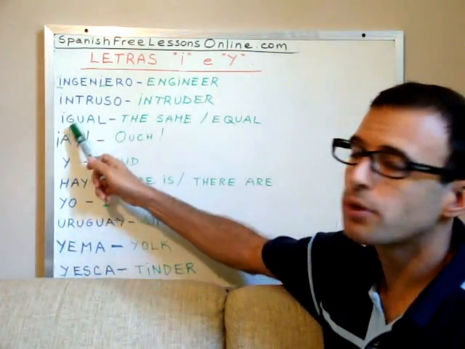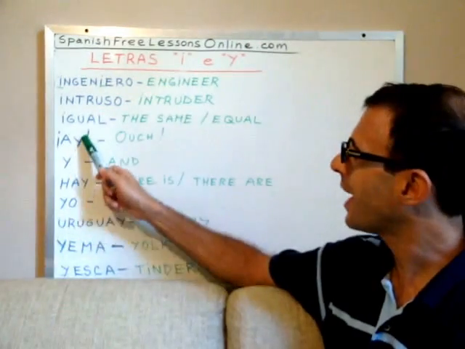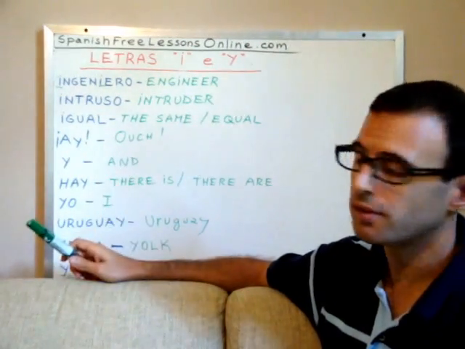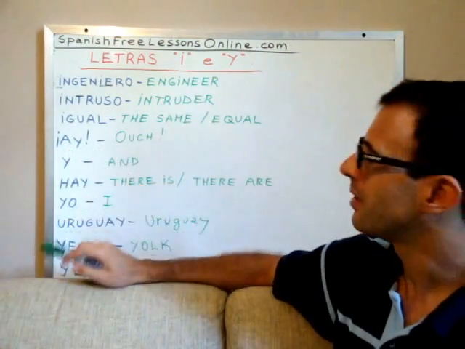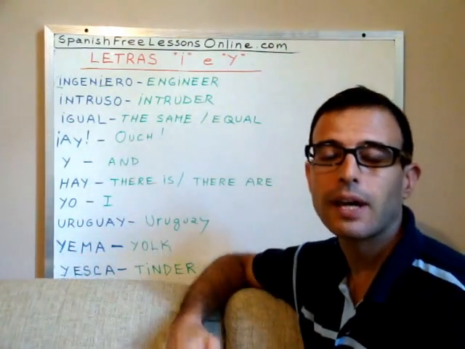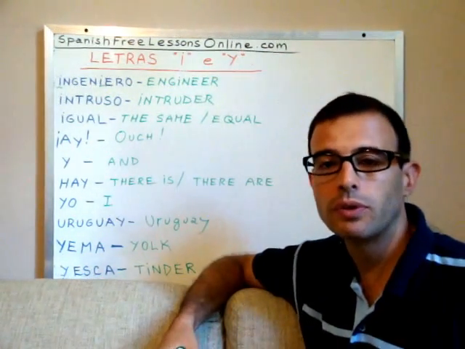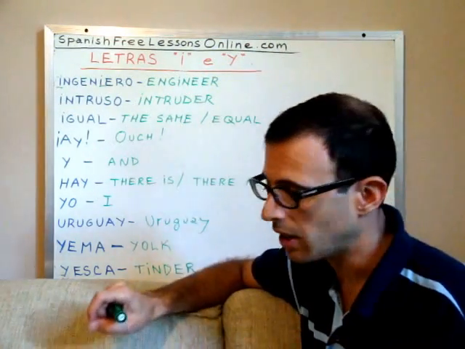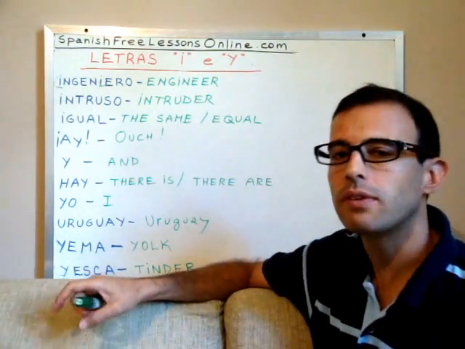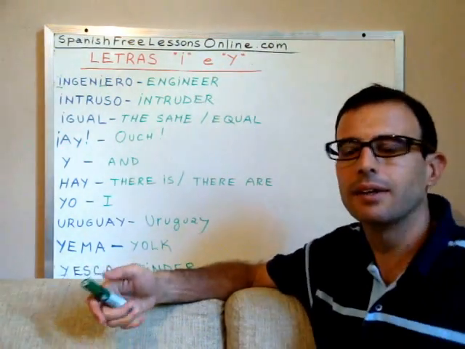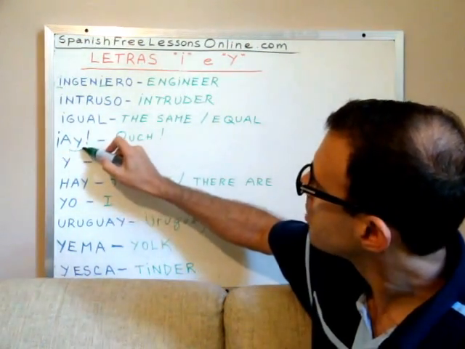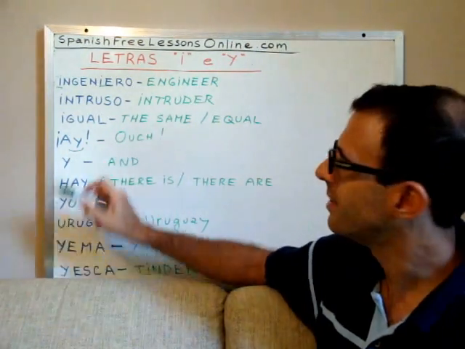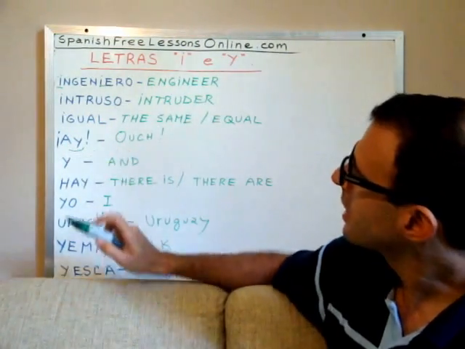It's always pronounced I when it's at the end or standing by itself. For example, ay, or ouch, right? The Spanish exclamation when you're hurt or when something pinches you or bites you, it's ay, ay, okay? So this Y is pronounced I, ai, ai.